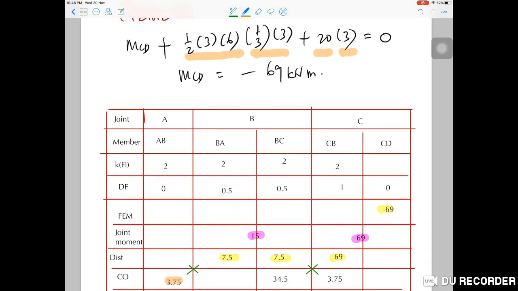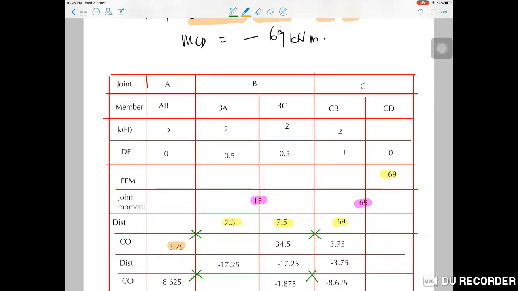So we start to make a table. DF is 0, 0.5, 0.5. And for CD, since at joint D there is a moment, the property of D is equal to a fixed end, where the fixed end has moment, so we have to put 0 for the distribution factor.